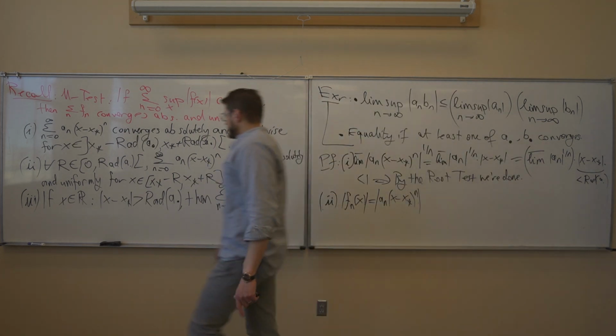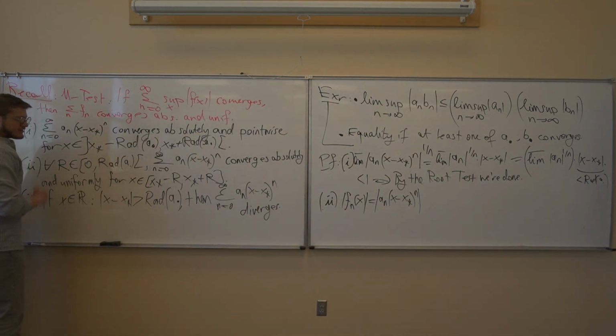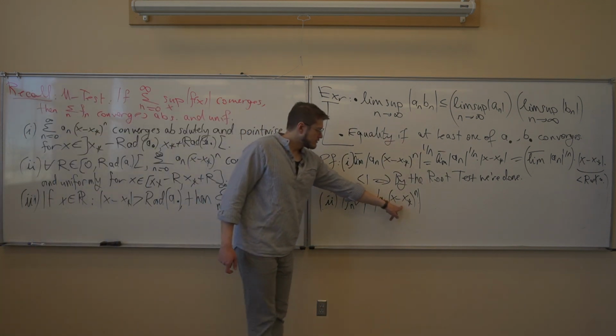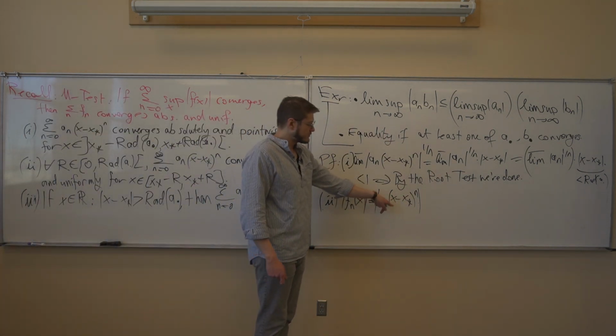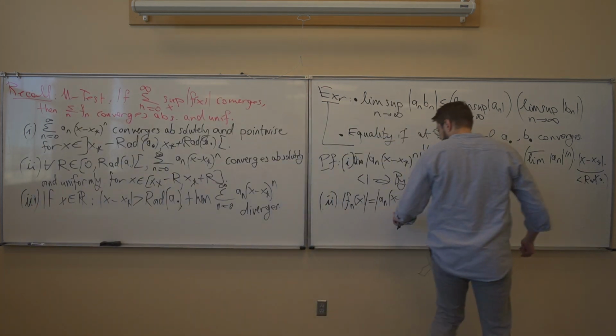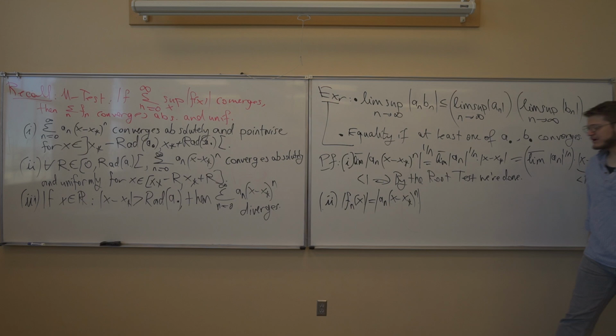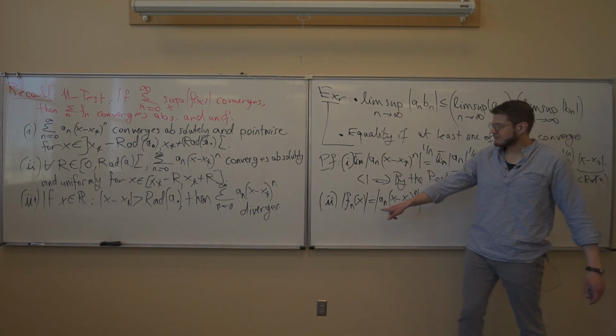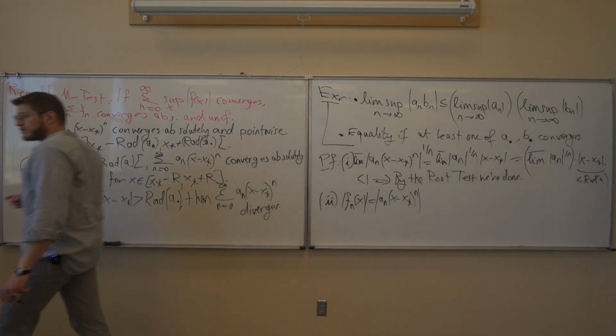You see, I've taken some r that is strictly less than the radius of convergence. Well, if I look at the sup of this, it's in fact the max, right? The max is exactly what? What is the max of this where x varies in this interval?